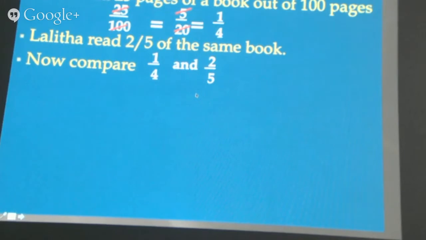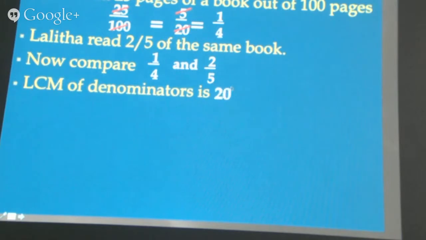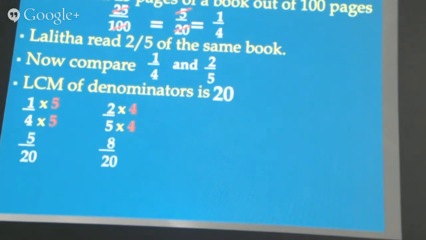Then you know how to equate. With this denominator, we multiply here, and with this denominator 4, we multiply the second fraction. So 1 times 5, 4 times 5. It is 5/20 and 8/20. Now you can compare. As the denominators are the same, you can compare which is the greatest one.